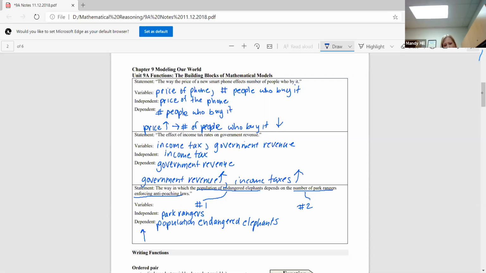As the park rangers go up, the population of elephants should do the same thing. If you don't have any park rangers enforcing anything, then the population of elephants would go down. So they either both go up or they both go down. The number of park rangers are going to affect that population of elephants.